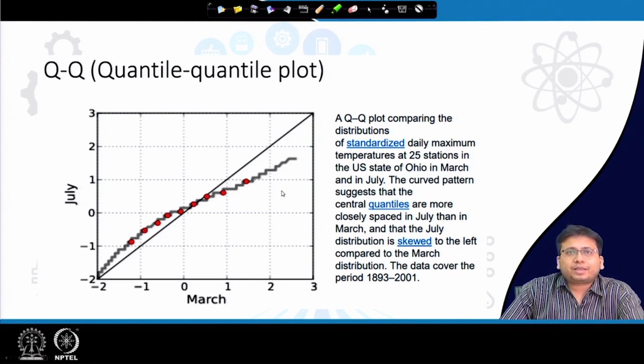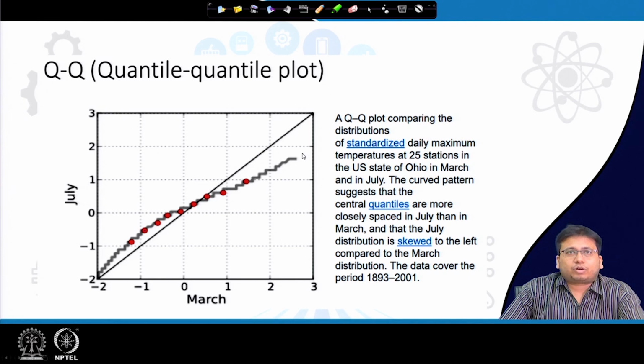As you can see, if we consider the higher percentiles, then in March it is higher, but if you consider the lower percentiles, then in July it is higher. Let us say the hottest day in March, which is something like the 99th percentile, is very high, maybe something like 3.